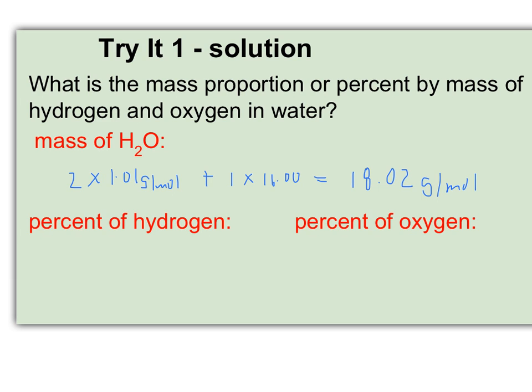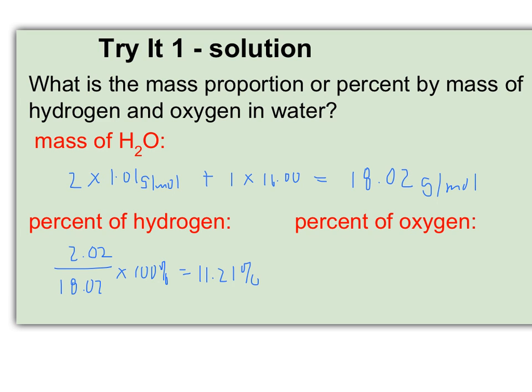So my percent of hydrogen in water is 2.02 grams out of 18.02 grams. If I take that times 100%, and again, I'll keep 2 decimal places, I would come up with hydrogen being 11.21%.